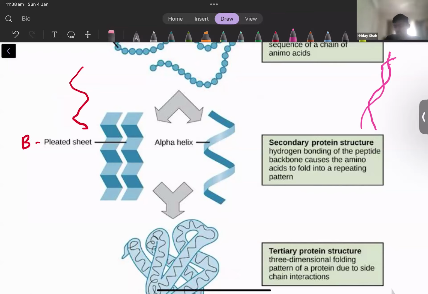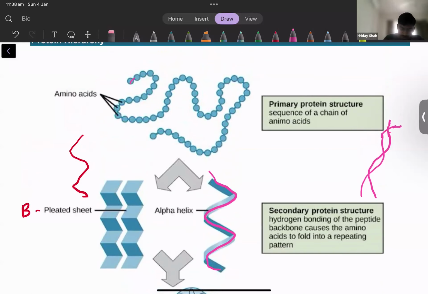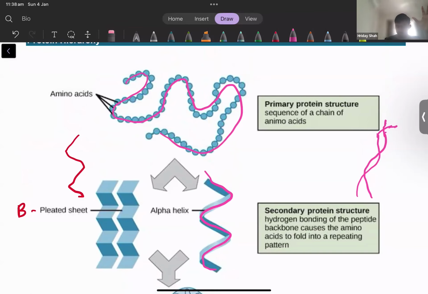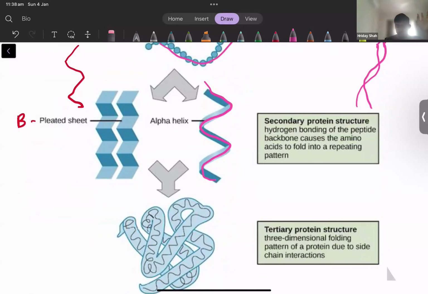It's got 2 separate strands. Alpha helix is just 1 strand, right? So it's the same strand twirling around. Now, this is what I kind of call the initial stages for folding it. So from this long chain, you've now done a couple of folds, right, into either beta pleated sheets or alpha helices.